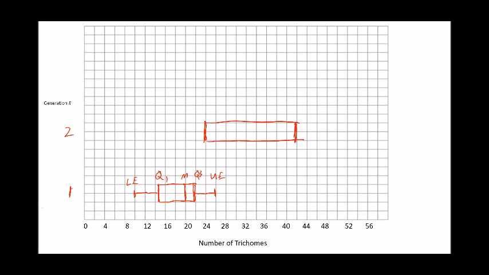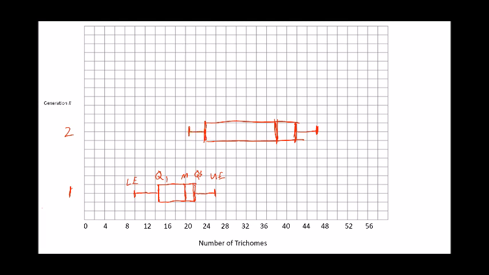Drawing my median at 38. Drawing the upper extreme at 46. So here's that upper extreme. I'll go ahead and draw in the whisker there as well. And my lower extreme was at 21. 21 is going to be somewhere right in here. And I'll draw in that whisker.